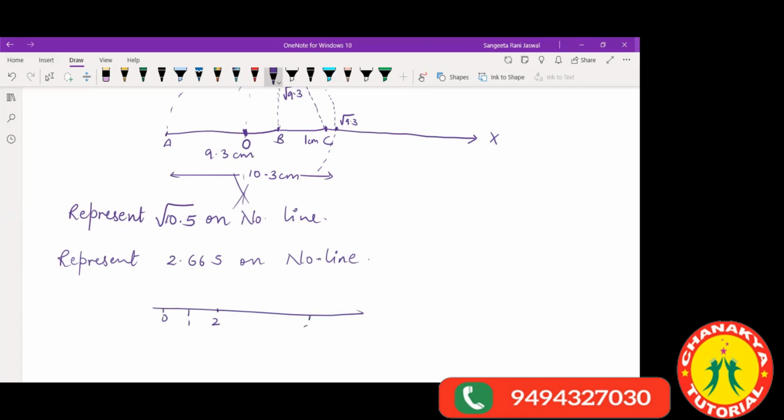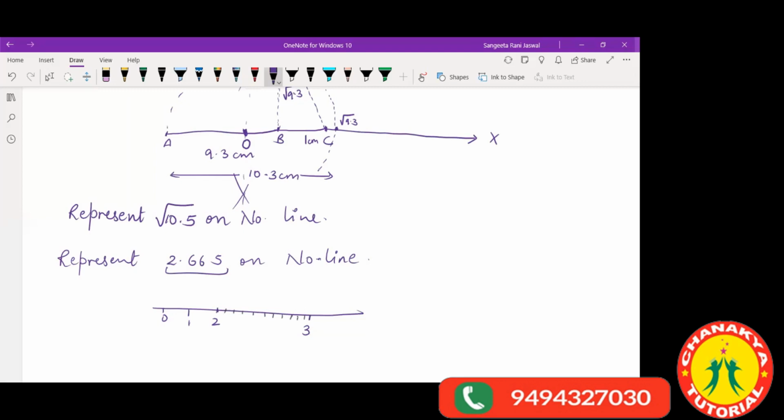I am magnifying 2 and 3 a little to show you. Okay, look here. This number lies between 2 and 3. For this you are sure it is 2.6, so it lies between 2 and 3. Now if I divide the distance from 2 to 3 into 10 equal parts, 1, 2, 3, 4, 5, 6, 7, 8, 9, 10.